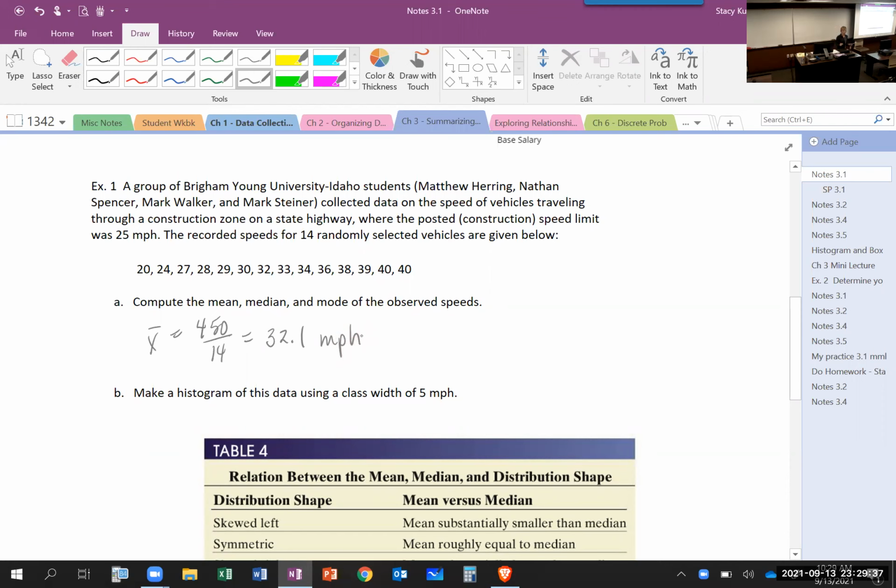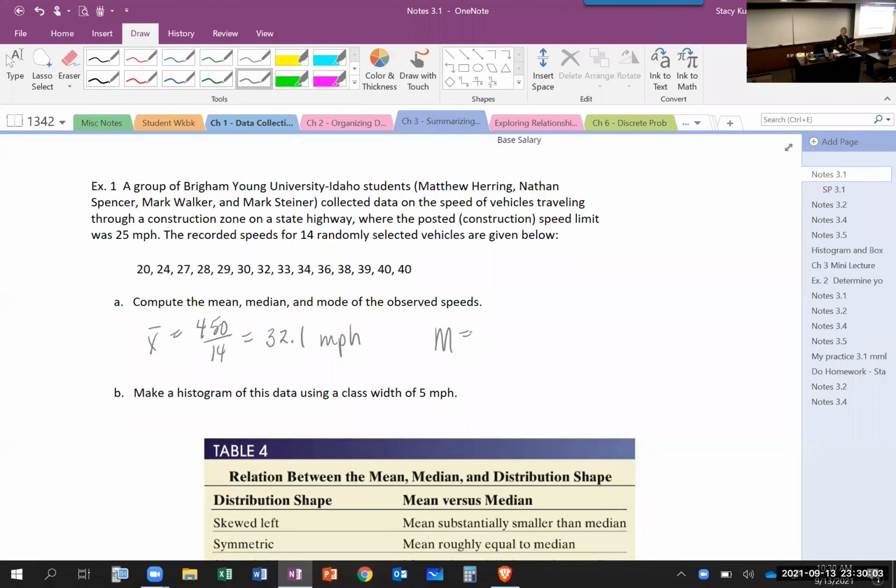Now, how do I find the median? The median, by the way, is represented by a capital M. That's nothing fancy, just a capital M. Tell me again how I found this. Right in the middle of the ordered list. It was already ordered, wasn't it? I already gave you a list that was ordered. If it wasn't ordered, you would have to order it from smallest to largest.